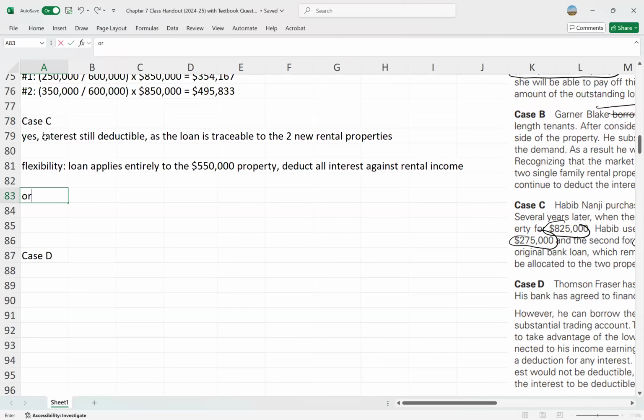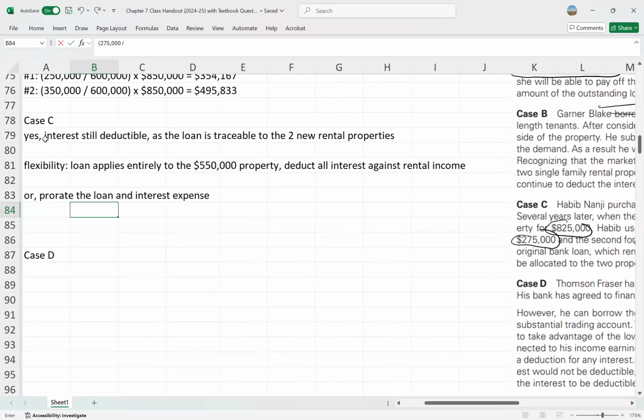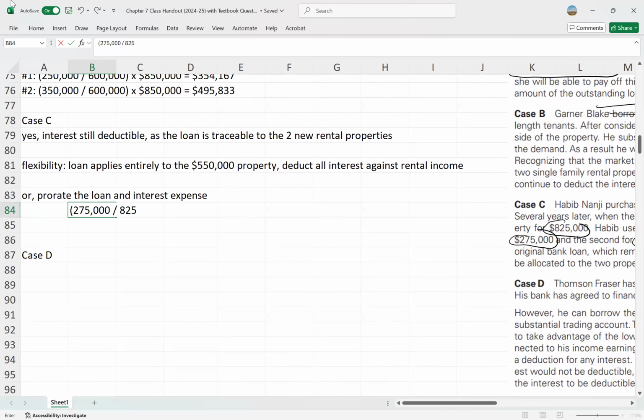Or if you wanted, you could prorate the loan and interest expense. So once again, he could prorate it and say for the first one, he would take the 275, divide it by the total of both properties, which was 825, and then multiply that by the $500,000 loan, and then deduct that portion of the interest against the first property.